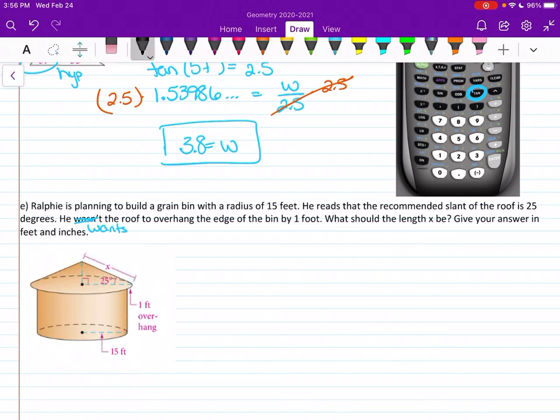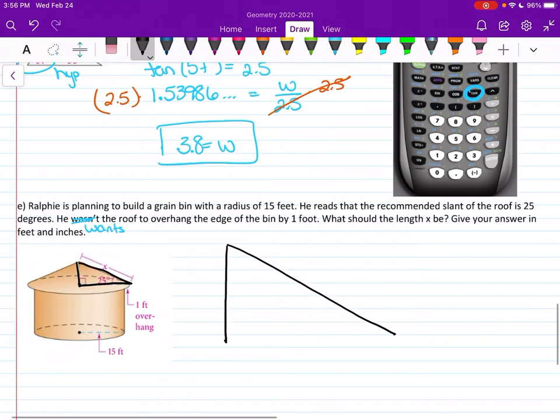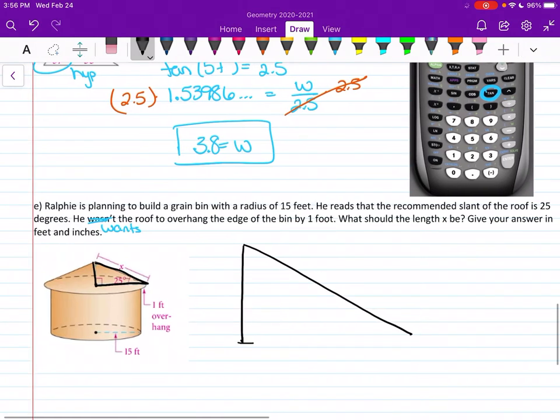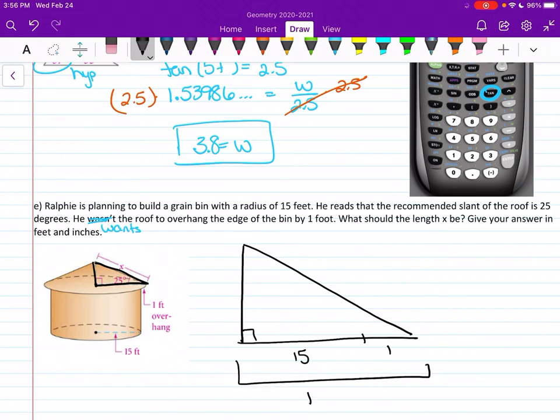All right, so we are interested in this triangle here. I'm just going to redraw it bigger. So essentially we have this, and we know that the radius of the bin is 15, and then it overhangs 1. So we know the length of this side here is 16 feet. And we want to figure this out if this is 25. So here is my angle of interest.